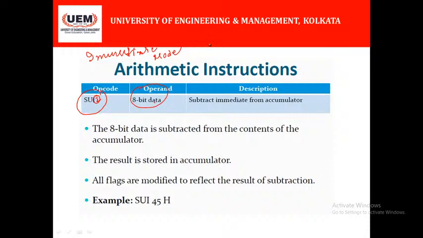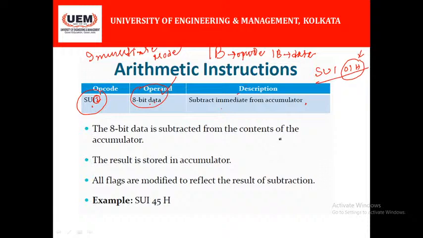We require 1 byte for representing the opcode, and to represent the data we require another 1 byte. So naturally if we are writing SUI say 01H, then 01H is our data. So we need to first write the opcode of SUI, and then specify the data. So subtract immediate from accumulator without considering the borrow.